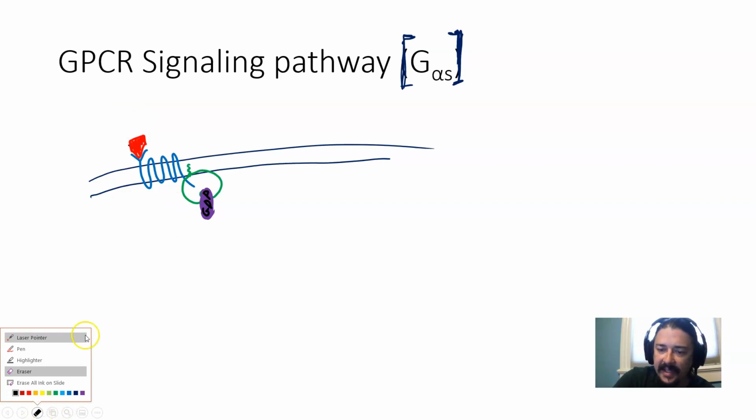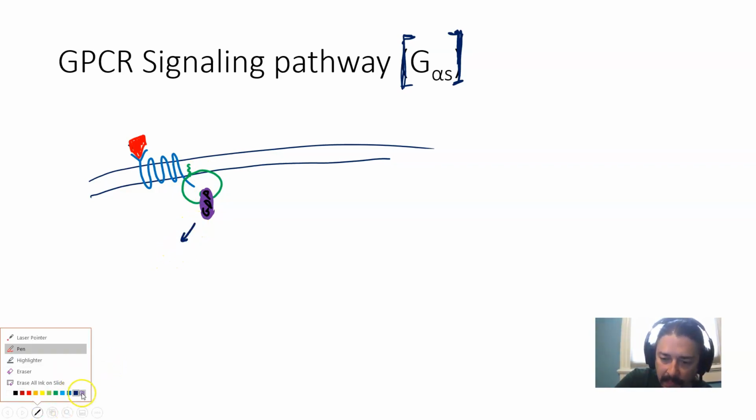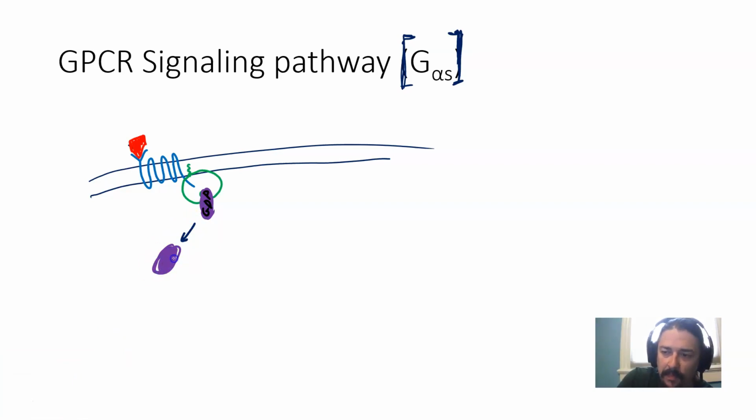What that does is it causes a change in shape to the receptor, such that the receptor acts as one of those guanine exchange factors, and our GDP is going to leave our G protein.